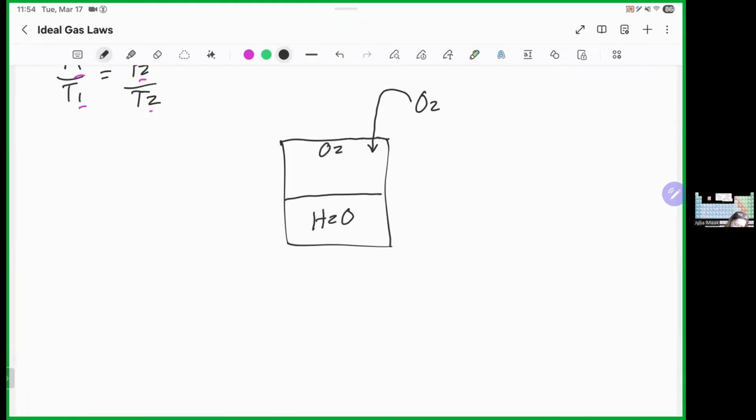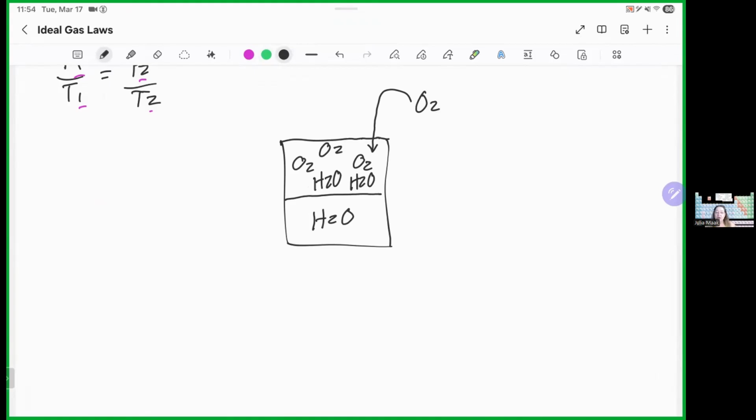Okay, so oxygen is coming in here. I'm collecting it over some water. At room temperature, water evaporates, so there is some water vapor in there. We want to know only the pressure of the oxygen gas.